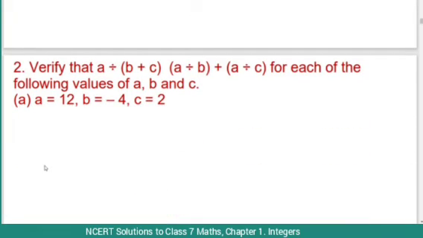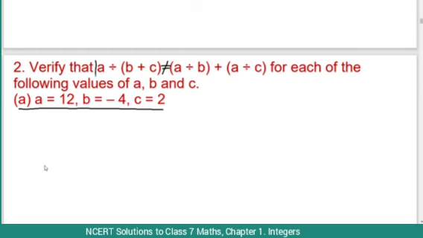Second question. Verify that A divided by (B plus C) is not equal to (A divided by B) plus (A divided by C) for each of the following values of A, B and C. Here A, B, C values are given.